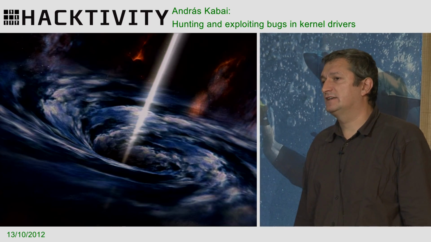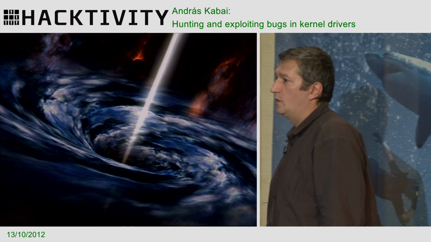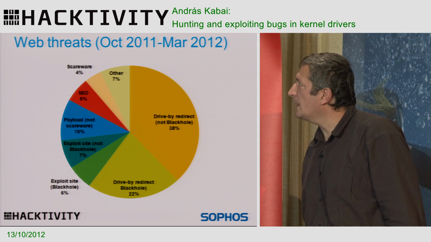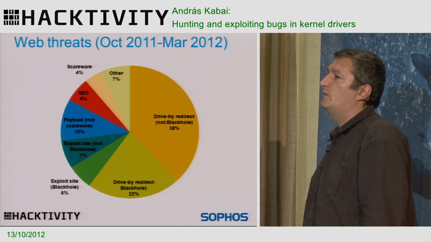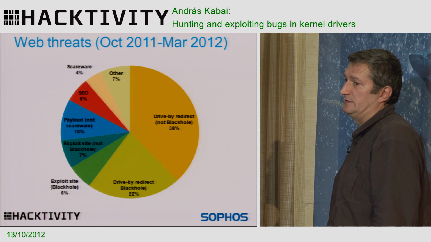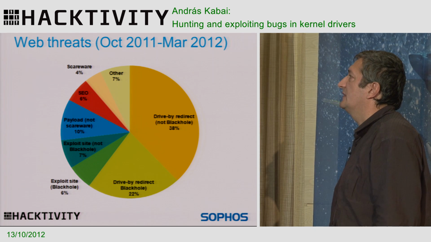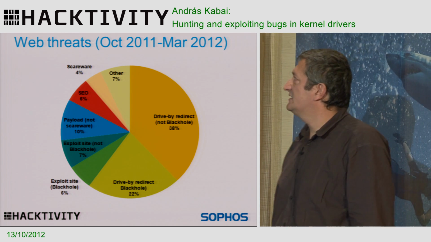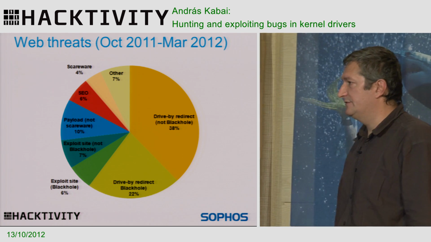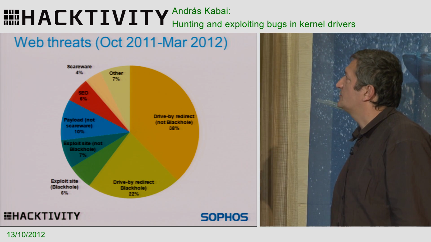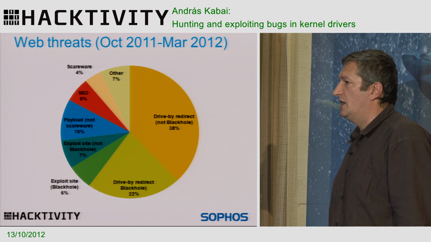So let's take a deep dive into the Blackhole exploit kit. As I mentioned, this can be considered the number one web threat as of late. This chart represents the statistics gathered by Sophos Labs about the different web threats that we have experienced over a half-year period.